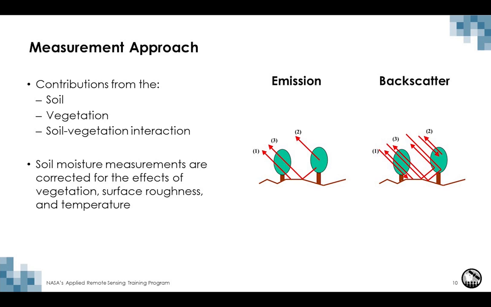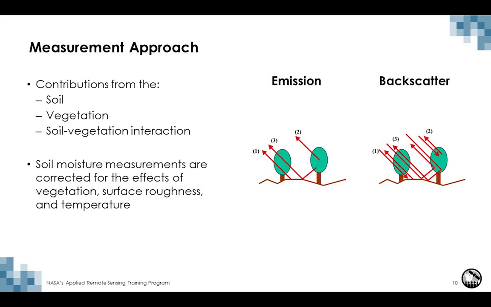Now, interactions from the radar signal can come from the soil, the vegetation, and the vegetation-soil or soil-vegetation. The radar is more complex because the signal is transmitted and reflected, and hence these interactions with the vegetation can be complicated, and it's much more difficult to extract just the portion that pertains to soil moisture.